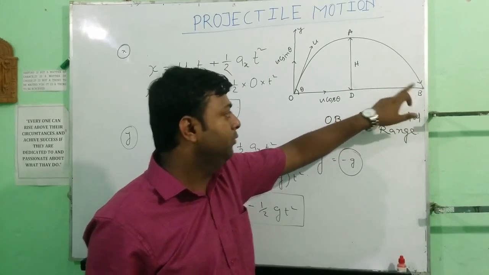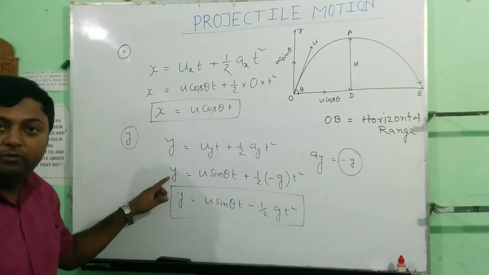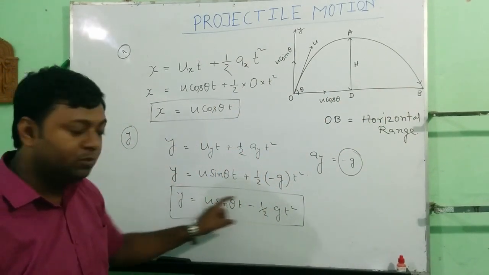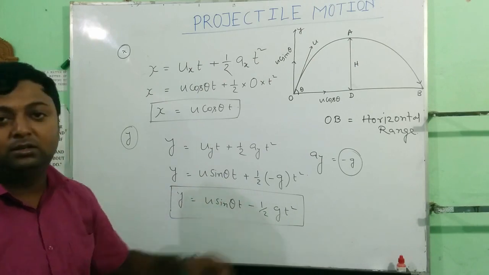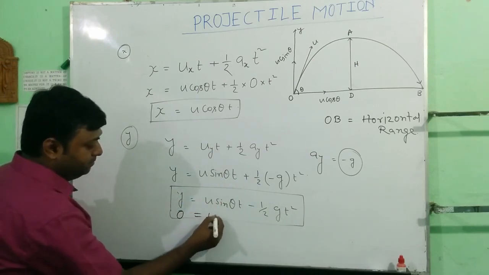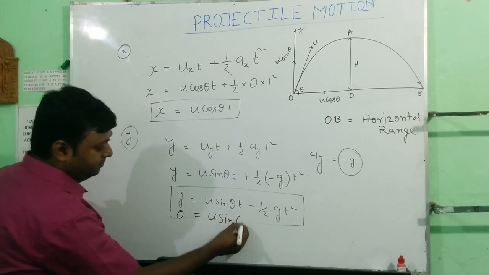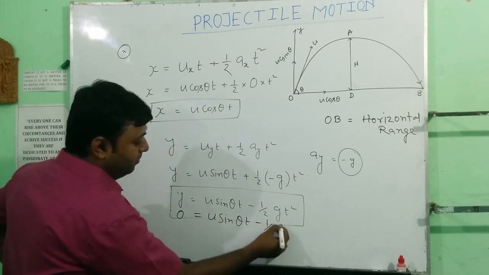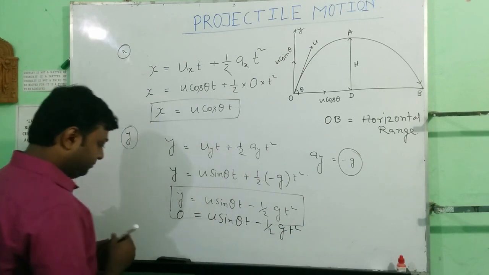So when we put this value of y in the equation, we get the time of flight. That means 0 equals u sin theta t minus half g t square.